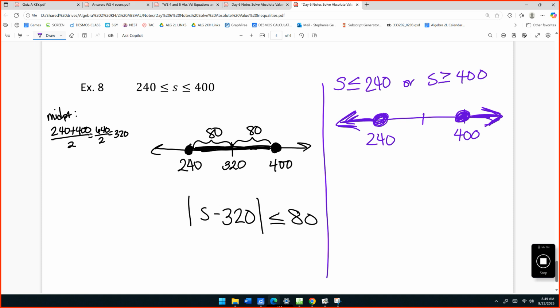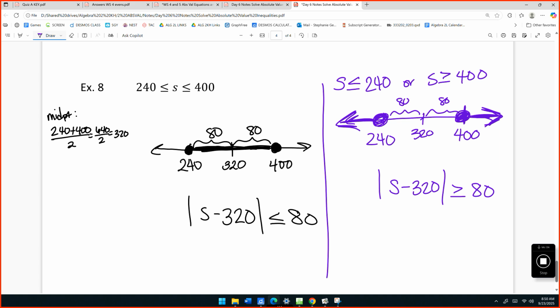It's just that the difference between where S is and 320 is this amount, which is 80. It's 80 or greater, because it's farther away from the middle. So this would be saying the difference between S and 320 would be greater than or equal to 80, because it's farther away: 80 units or more.